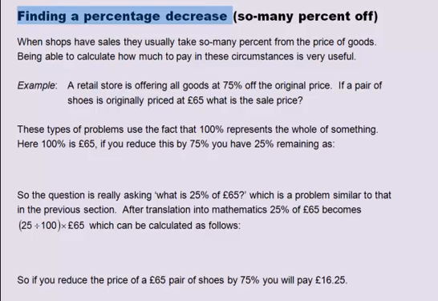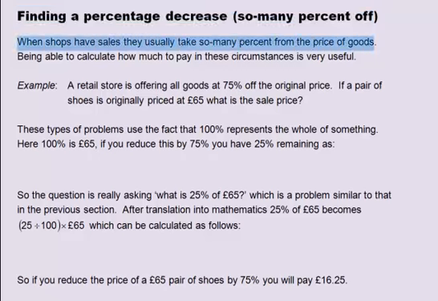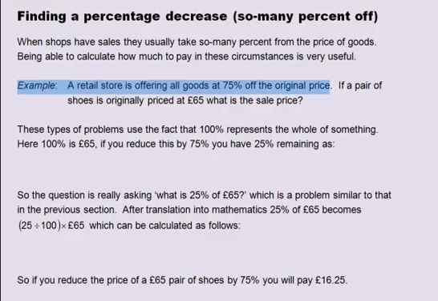Finding a percentage decrease. So many percent off. When shops have sales, they usually take so many percent from the price of goods. Being able to calculate how much to pay in these circumstances is very useful. Example. A retail store is offering all goods at 75% off the original price. If a pair of shoes is originally priced at £65, what is the sale price?